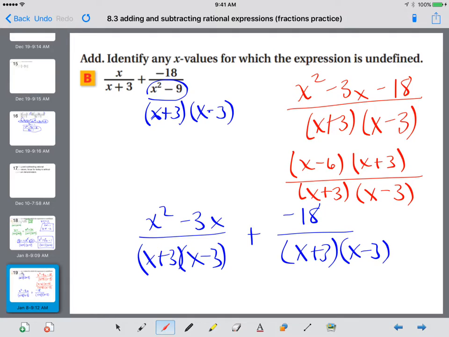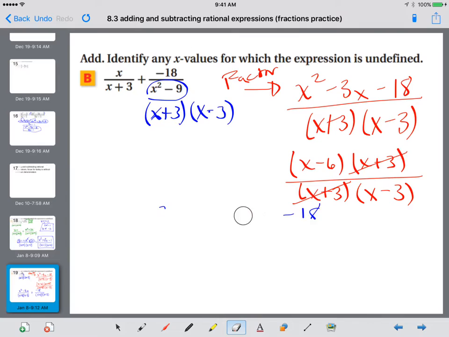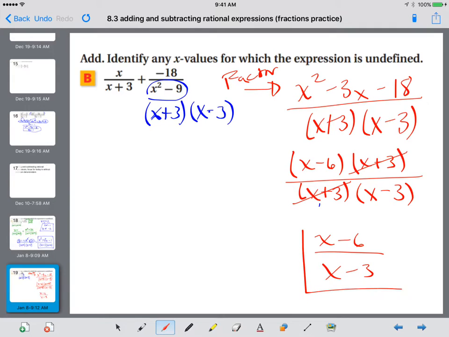So all I did was factor the top. And we can cancel out x plus 3 and x plus 3, to where my final answer is going to be (x minus 6) over (x minus 3).